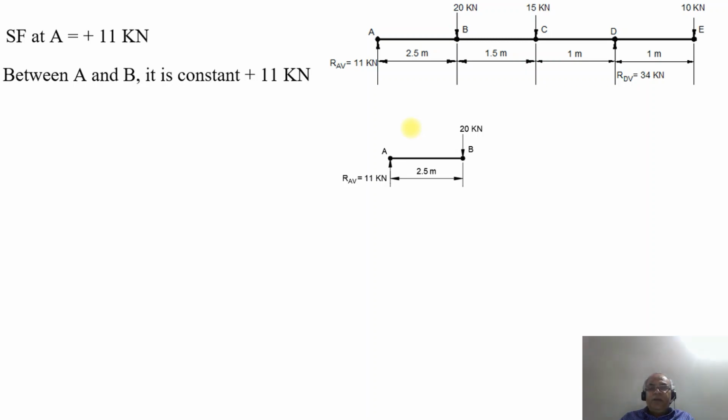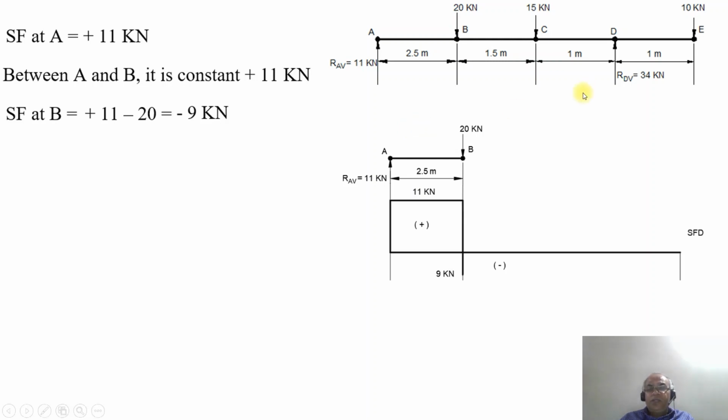At point B, we have 20 kilonewton acting downward, so that will be plus 11 kilonewton minus 20, which is equal to minus 9 kilonewton. So the shear force changes its sign from positive to negative at the point B, because due to the point load, it drops from 11 kilonewton to minus 9 kilonewton at this point.